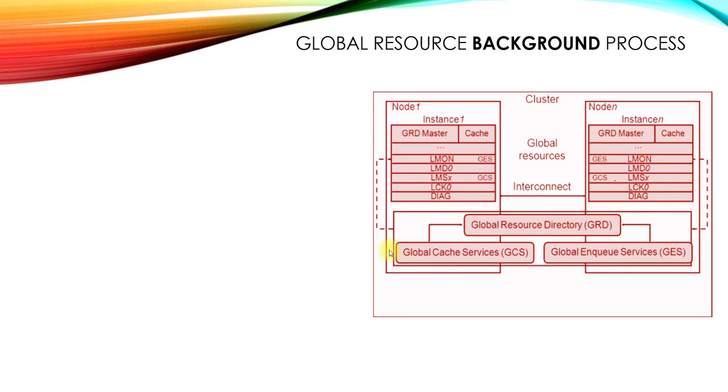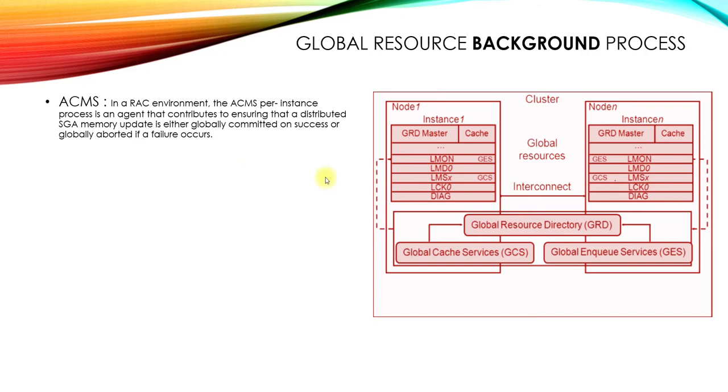So let's see the different background processes and how they are useful for this global resource management. So ACMS, we do not see that particular process, but it's there, it's a very important process. In the RAC environment there is an ACMS per instance, because it is there in every instance.